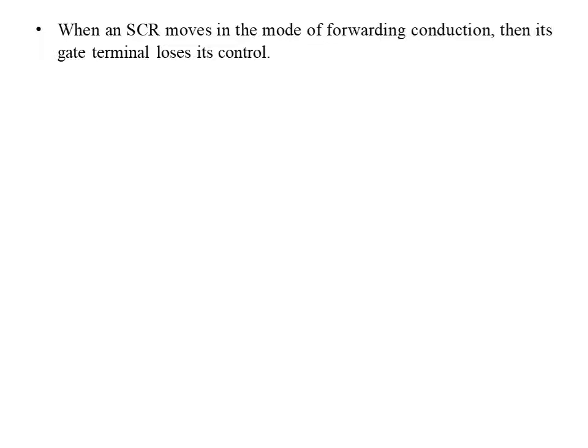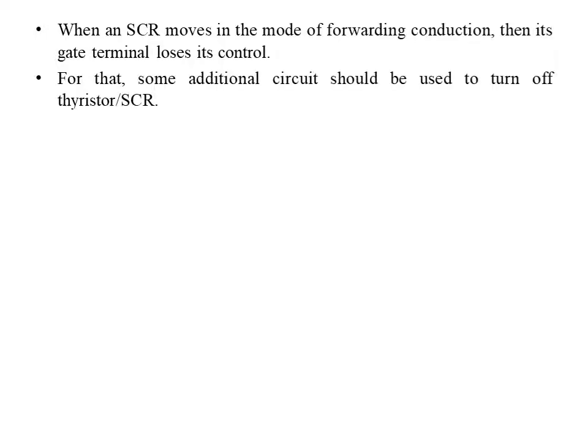When an SCR moves into the mode of forward conduction, its gate terminal loses its control. For that, some additional circuit should be used to turn off the thyristor or SCR.